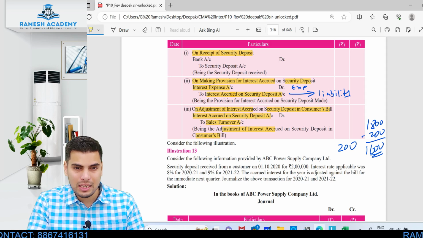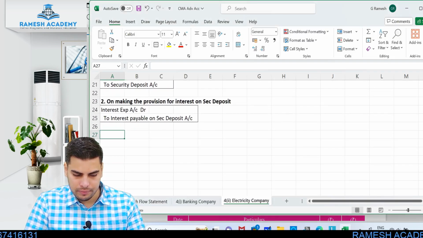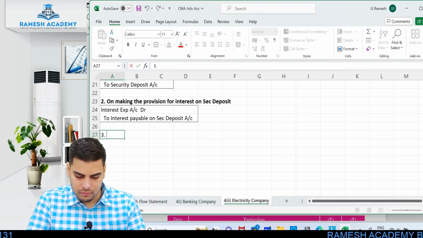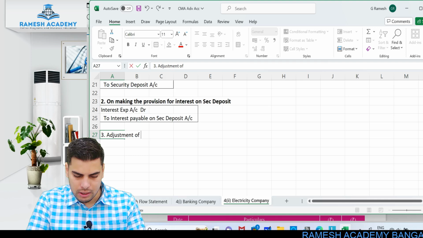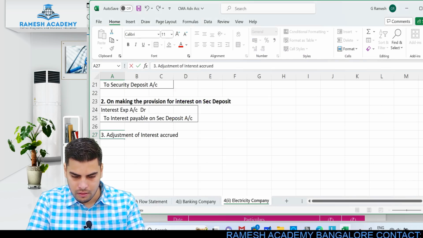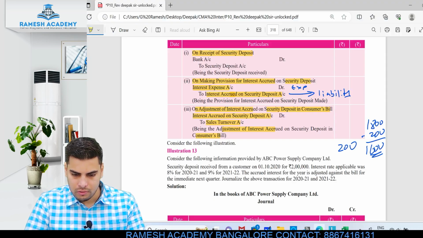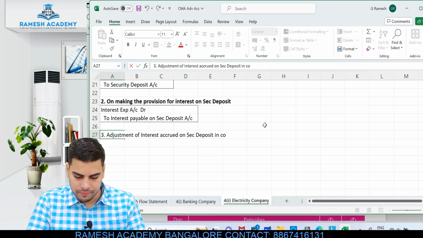Let me just write this: adjustment of interest accrued on security deposit in consumer's bill.